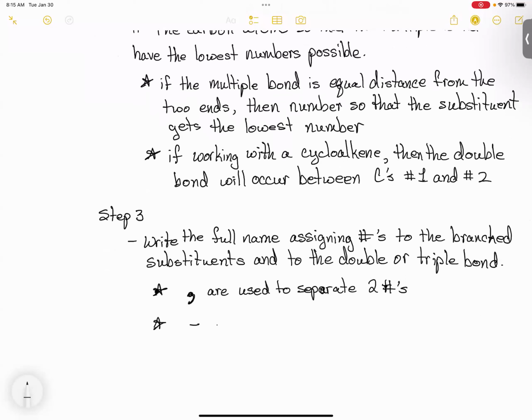Dashes are used to separate numbers from words.